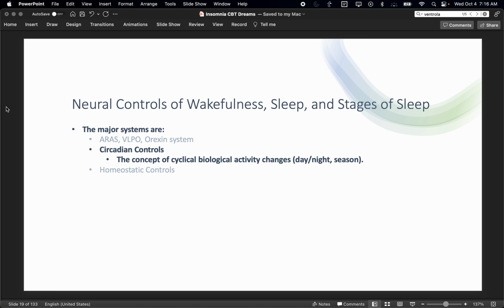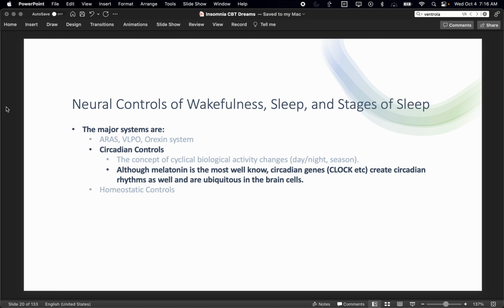The circadian controls are the concept of a cyclical biological activity. So think of the day-night cycle, or seasons for animals, things of that nature. Although melatonin is the most well-known in this process, there are other major aspects like the circadian genes, referred to as clock genes, that create the circadian rhythms.